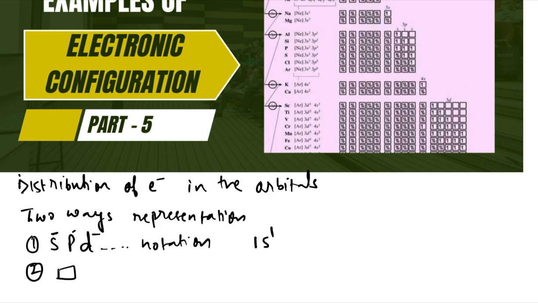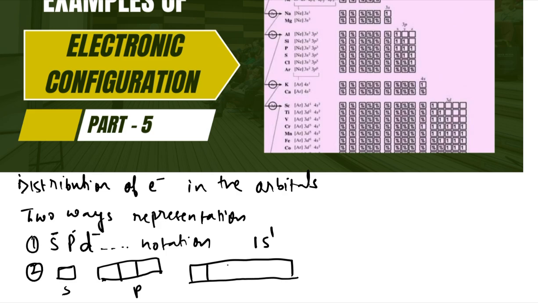So we represent it with the help of these boxes. This is the s orbital, this is the p orbital, and this is the d orbital. How do we represent an electron in these orbitals?